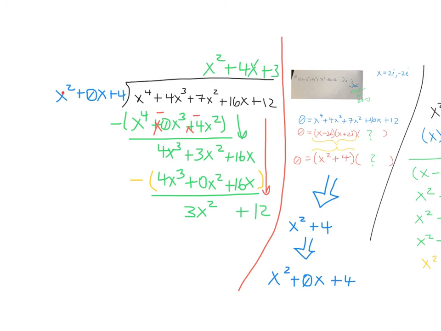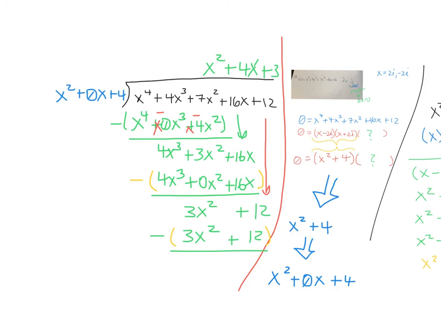Let's test it. X squared times 3 is most definitely 3x squared. 0x times 3 is just 0. I'm not going to bother writing that at this point. And then 4 times this 3 is a positive 12. What happens when you subtract this whole thing from this?